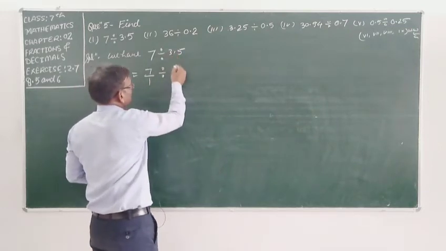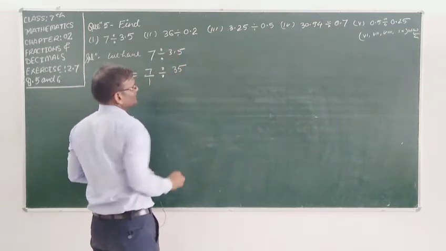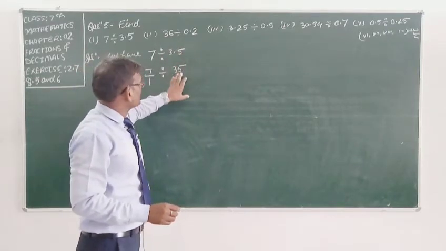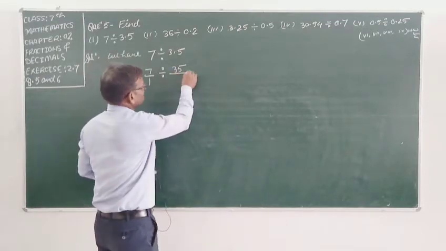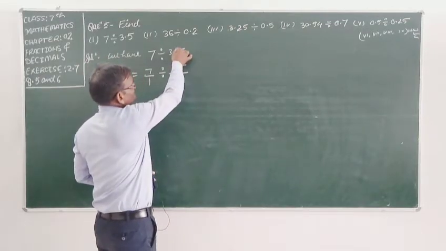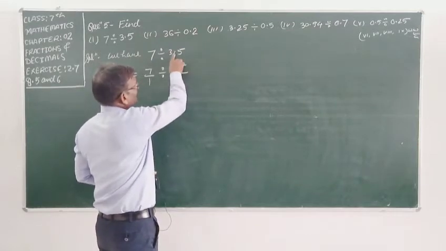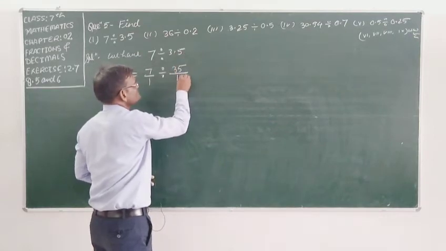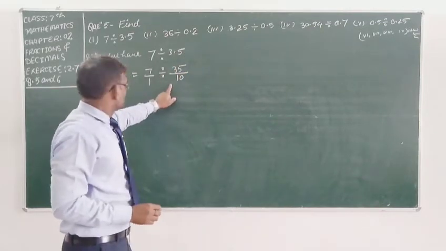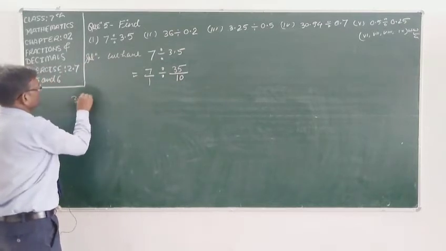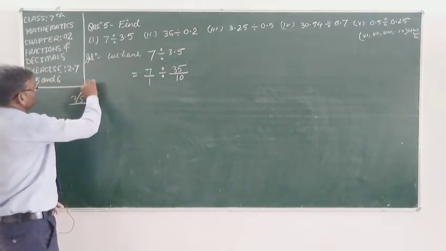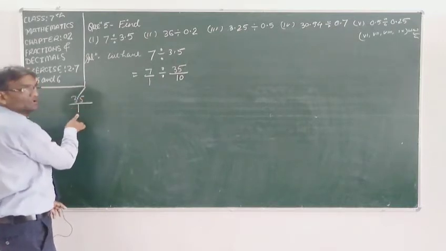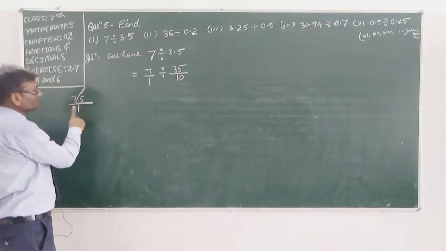I have told you, write the decimal number without the decimal point. Write this decimal number without the decimal point, and draw the division bar, and in exchange of the decimal point, write the 1. And how many digits come after the decimal point? 1. So you will increase 10. 35 upon 10, like this, student. 3.5 upon, cancel the decimal point and in exchange of this decimal point, write the 1 below the division bar and increase the 0 after 1.